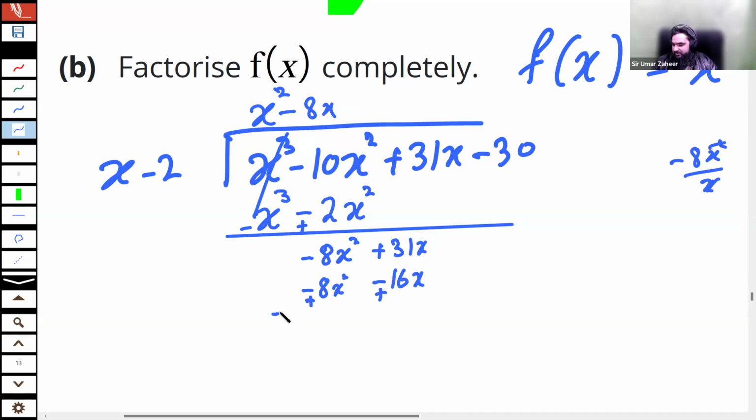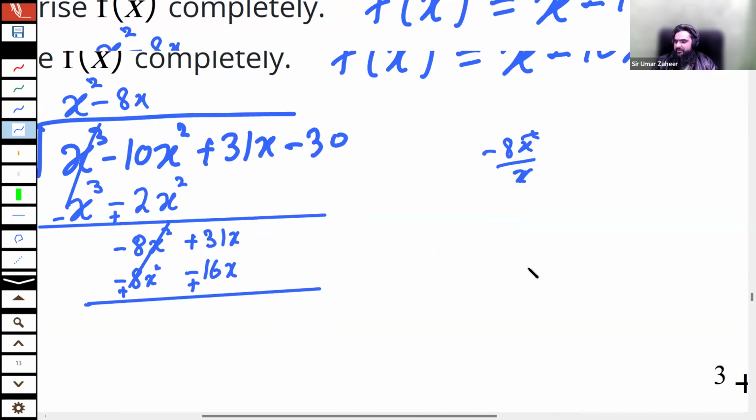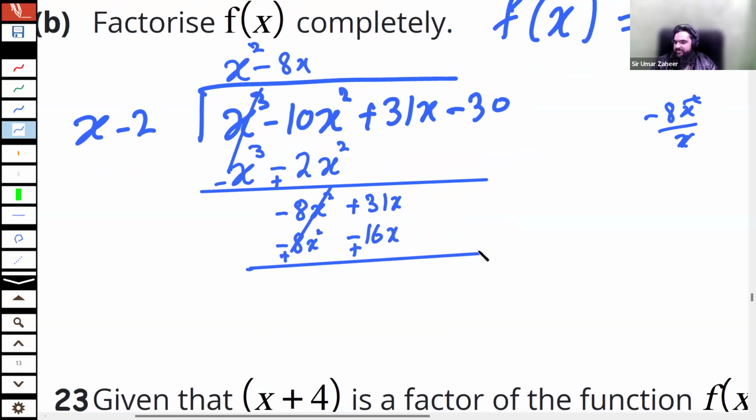Change the sign, so this value will be cancelled out. 31 plus 16 will be 47x. Have we made any mistake?